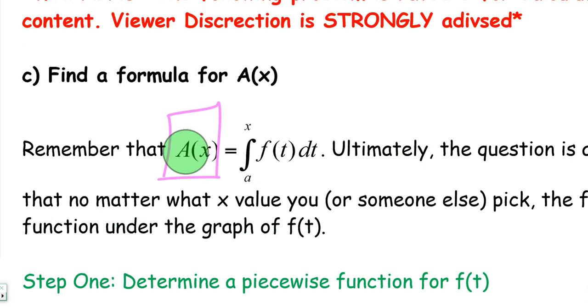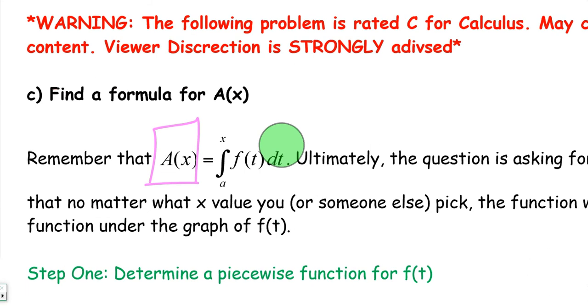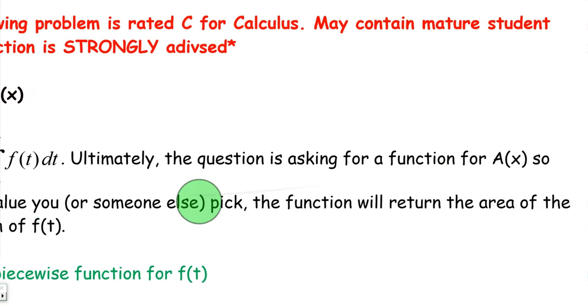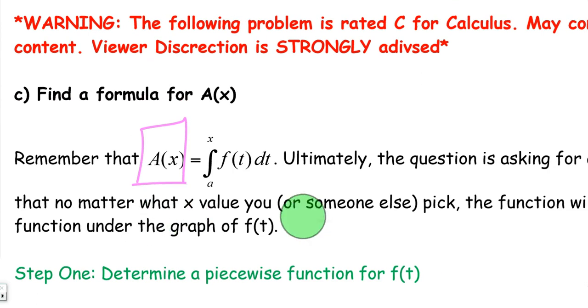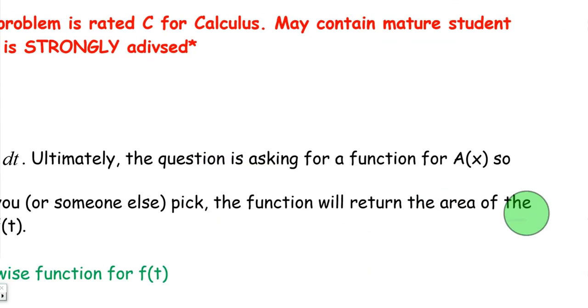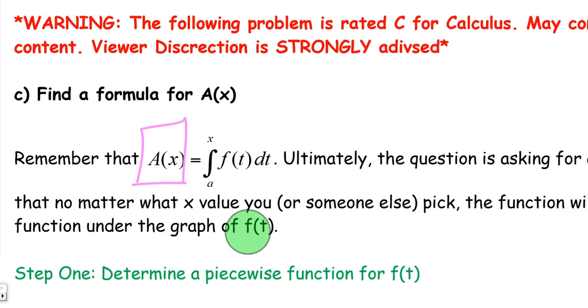So remember that A of x is just the area from a to x of f of t. Ultimately, this question is asking for a function for A of x. So no matter what x value you or someone else picks, the function will return the area under the graph of f of t.